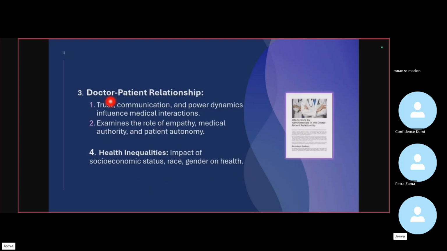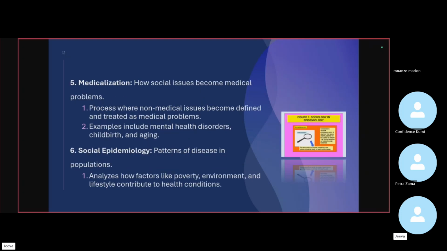Then how a healthcare system develops a proper doctor-patient relationship, and how health inequalities are treated, by giving proper, equal treatment for everyone. Then medicalization, where a non-medical issue becomes part of medical issues, and the different patterns of diseases which can come across the population. So these are the various key concepts in medical sociology.